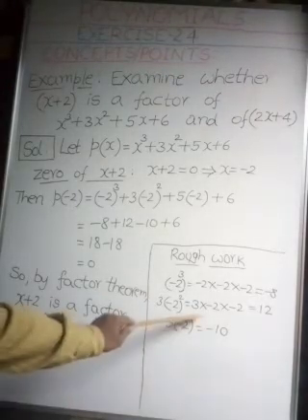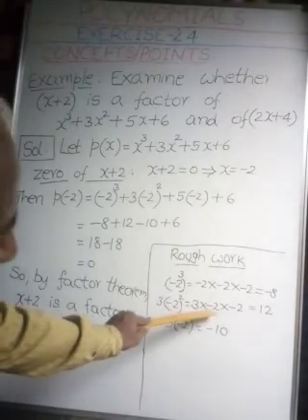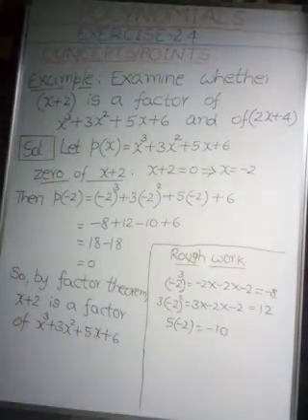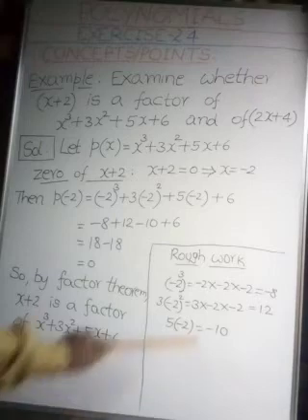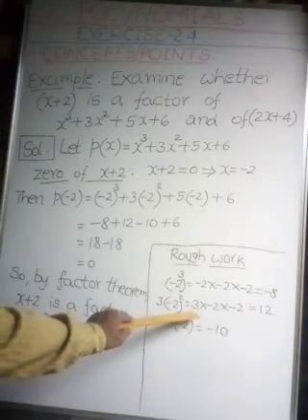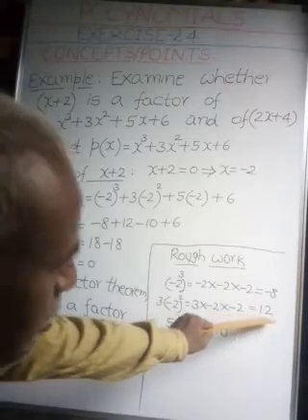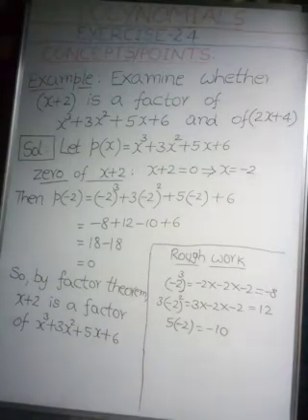So plus into minus is minus, minus into minus is plus. So finally we get plus, so I am not writing the plus sign. After that we multiply the numerical values. 3 into 2 is 6, 6 into 2 is 12. So finally the value of the second term is 12. Understood, my dear children?